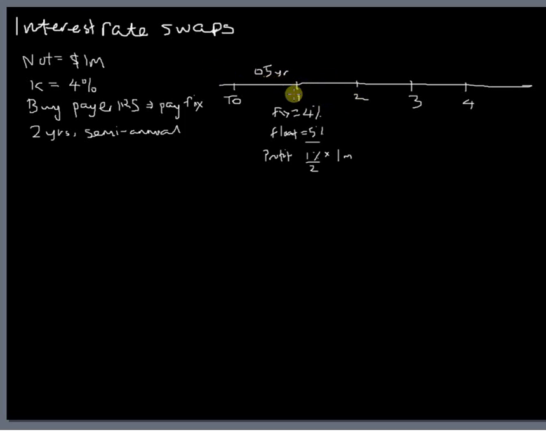This is what we will be expecting to receive at the end of 0.5 years at period 1. Another thing that we will do at period 1 is to observe the 6 months LIBOR, so that at period 2 we know how to calculate the profit or loss, and so on and so forth, over the life of the swap.